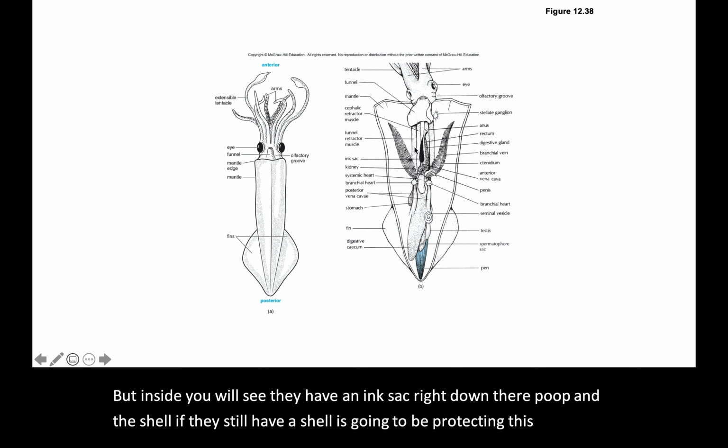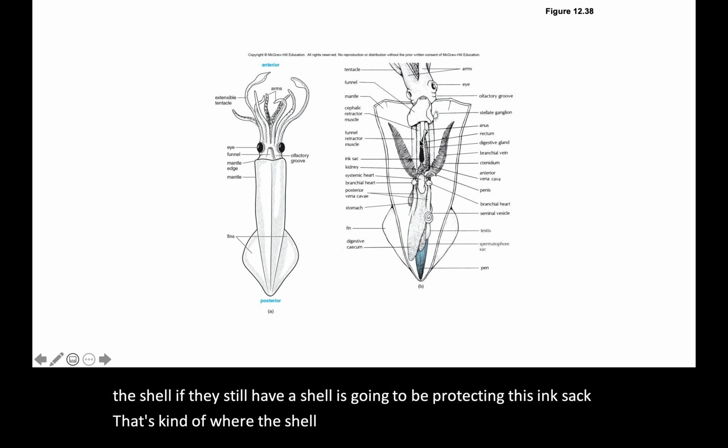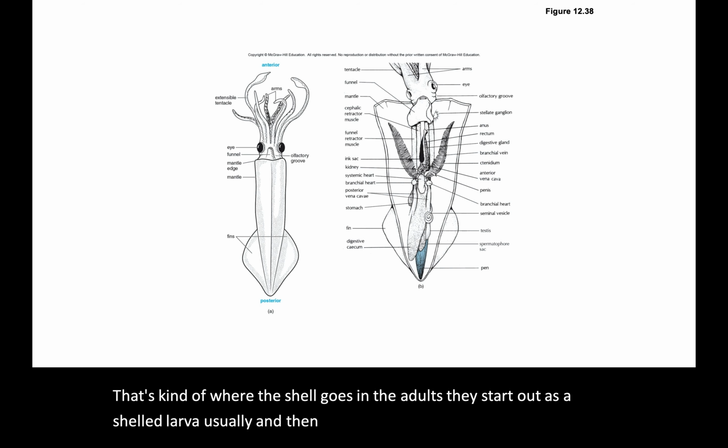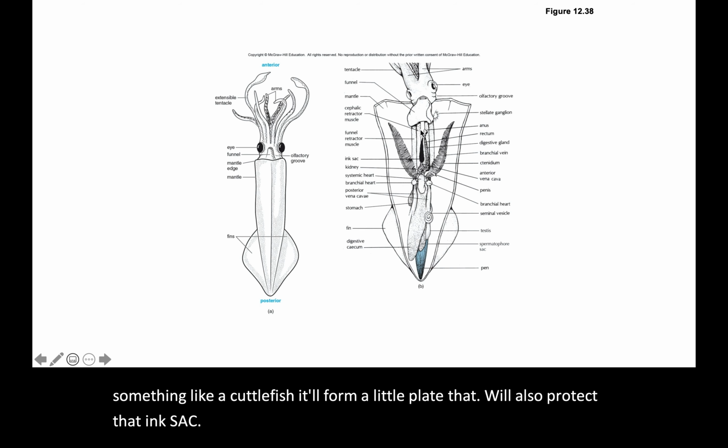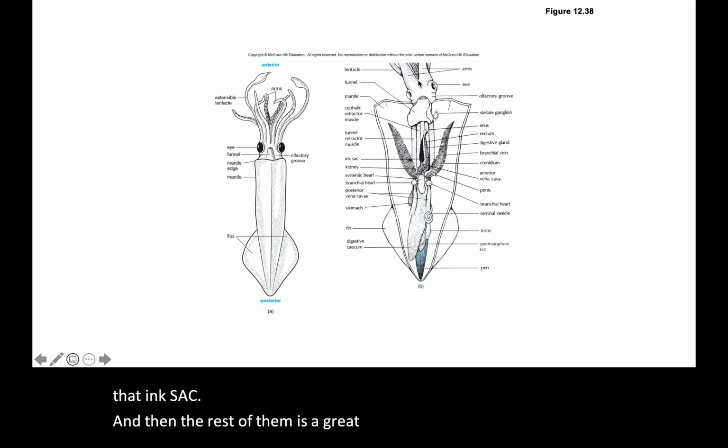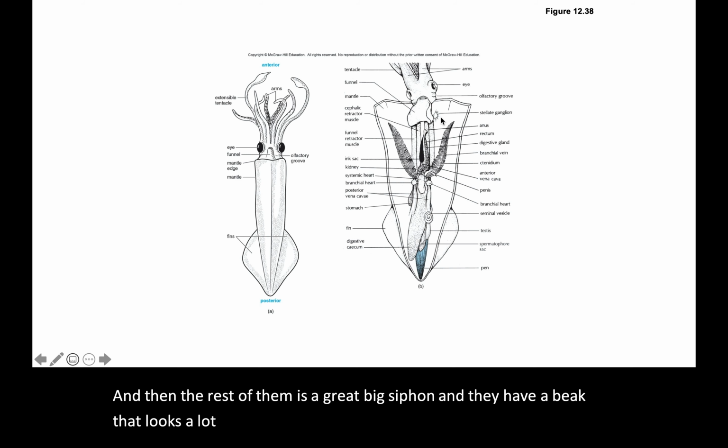That's kind of where the shell goes in the adults. They start out as a shelled larva usually, and then they'll absorb the shell as they grow. And in something like a cuttlefish, it'll form a little plate that'll also protect that ink sac. And then the rest of them is a great big siphon, and they have a beak that looks a lot like a parrot's beak right in here for actually biting off chunks of food.